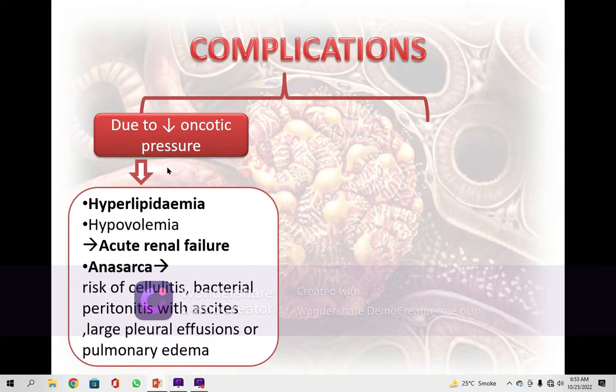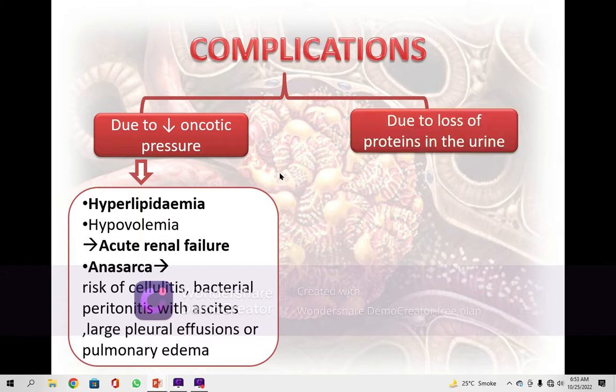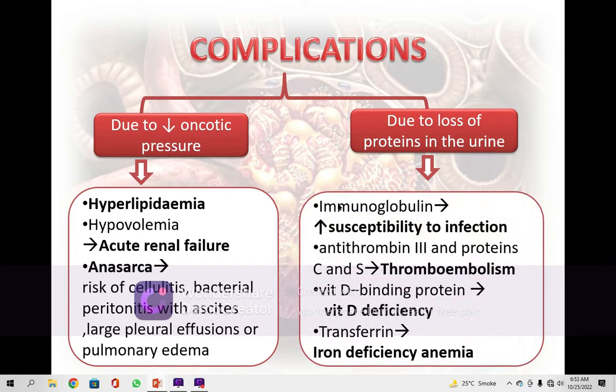Because oncotic pressure is reduced, the fluid will come out from the intracellular to the extracellular compartment. Due to the loss of protein in the urine, you are losing every type of protein, whether it is immunoglobulin.